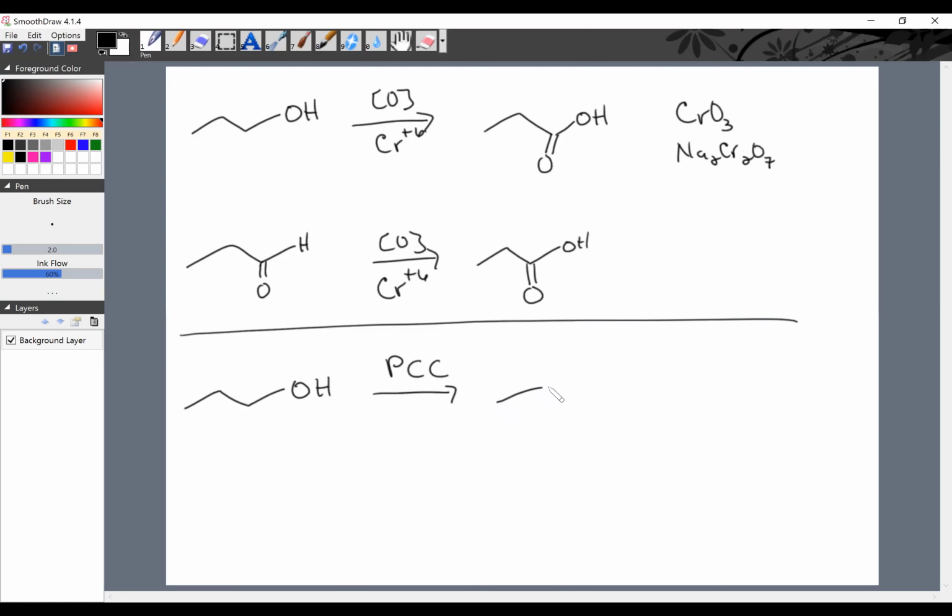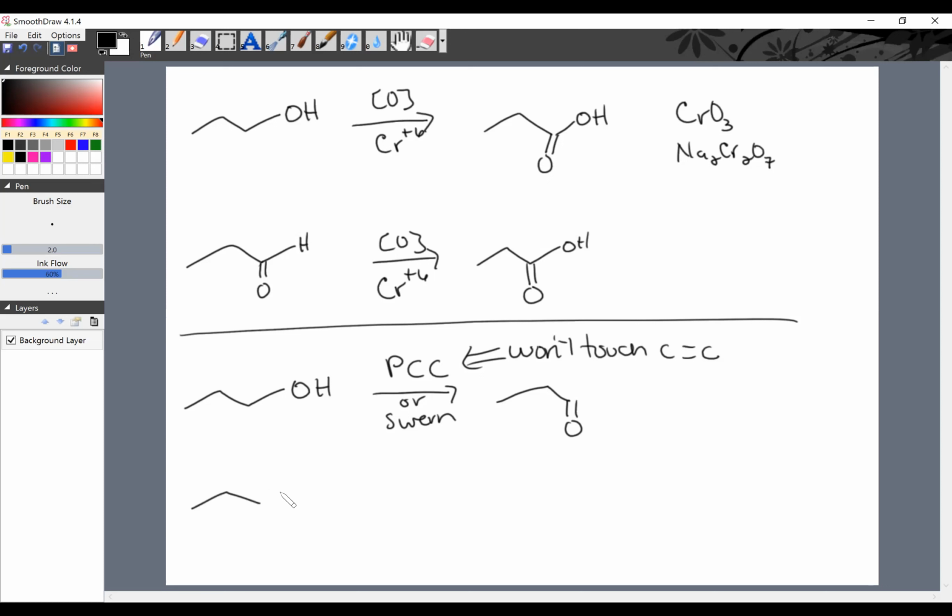you will actually stop at the aldehyde stage with PCC or the Swern reagent. The beautiful thing about PCC is it won't touch carbon-carbon double bonds. So sometimes you can use this expensive reagent and not touch double bonds.